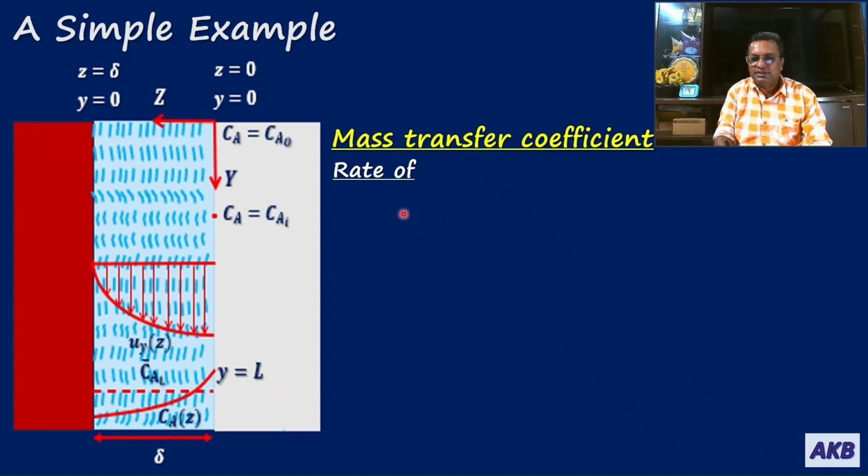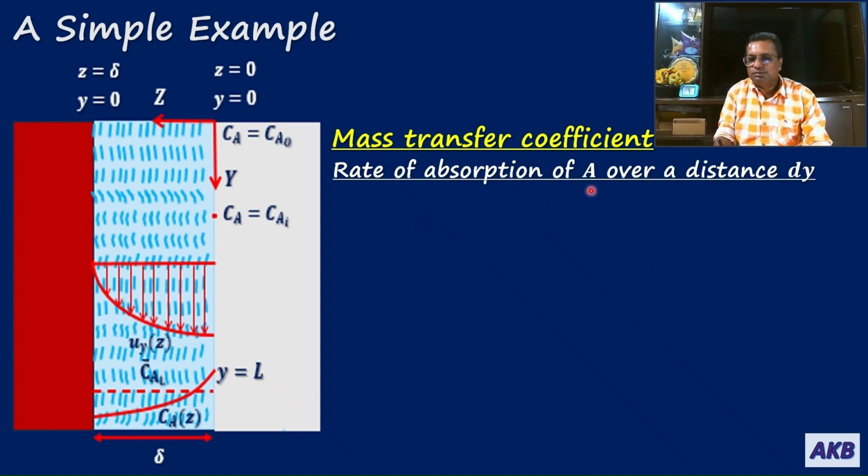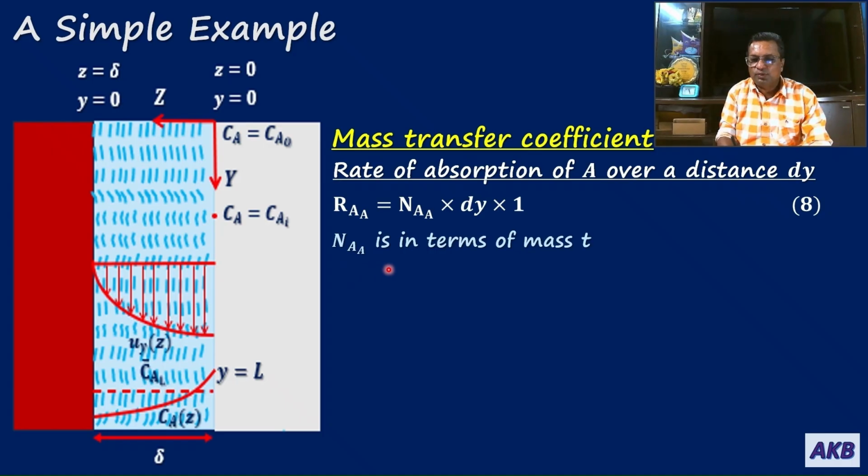So we have the equation for the rate of absorption of A over a distance dy. The equation was RAA is equal to NAA into dy into 1. That was equation number 8. Now NAA, we are going to express in terms of the mass transfer coefficient.